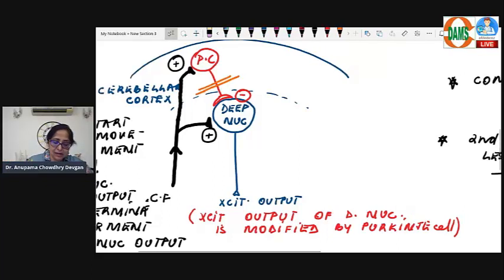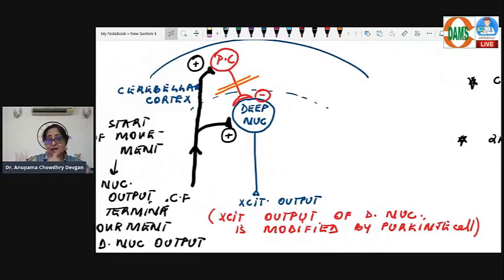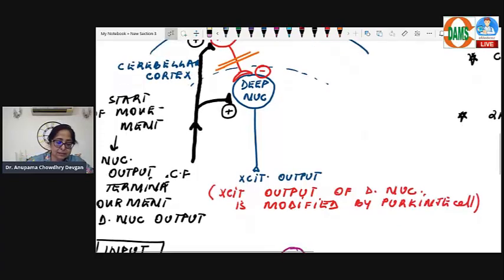Then there is another connection. We still haven't done the mossy fibers. Let's try and do the mossy fibers. Now, mossy fibers are a weak excitatory input.